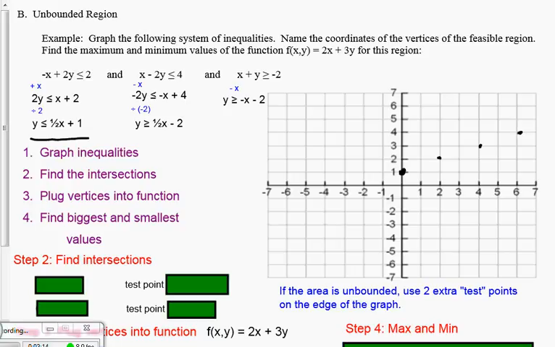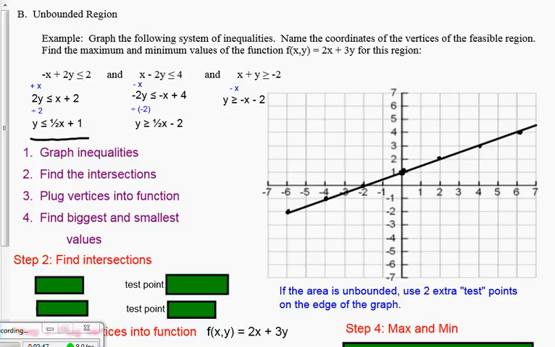I can continue in the other direction, and I would go down 1, left 2, down 1, left 2, and so on. That would be the line that I have there. Because it has the or equals to, we would be using a solid line instead of a dotted or dashed line. So I'm going to put my line right there.